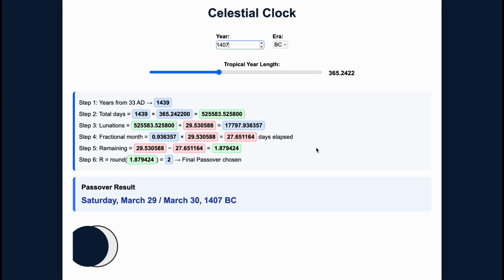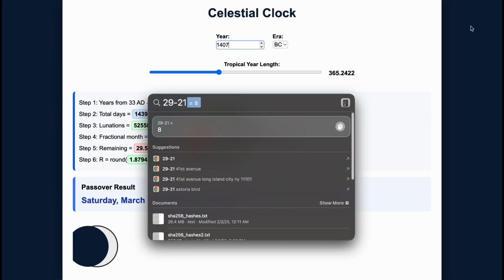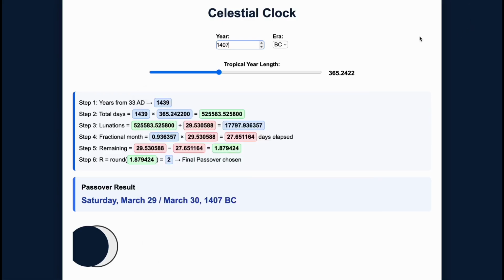Now we're going to notice something, and that is the difference of 1447, March 21st, to 1407, March 29th. If you do the math, that's a difference of 8 days. So it's an 8-day difference from when they had Passover in 1447 versus Passover in 1407.